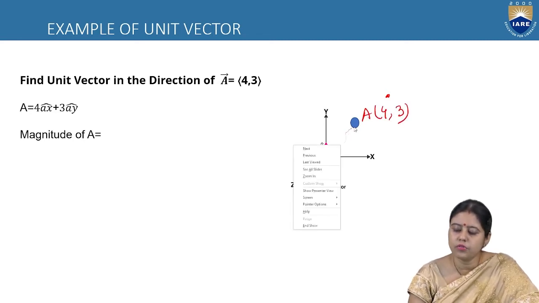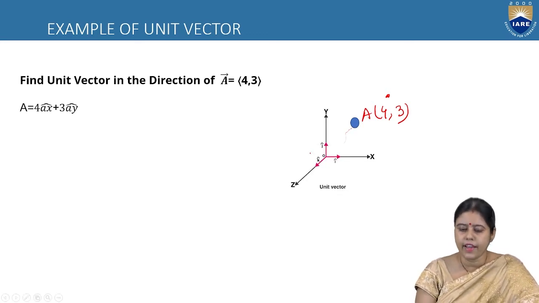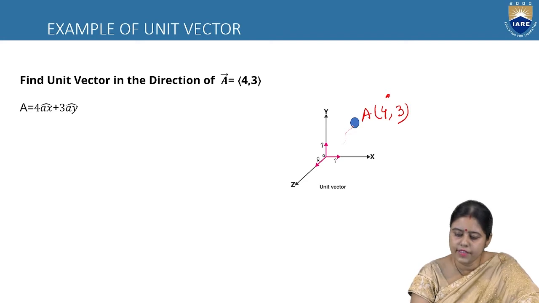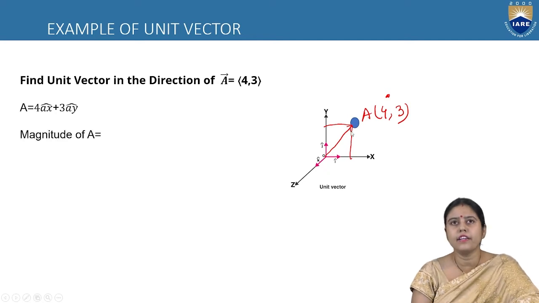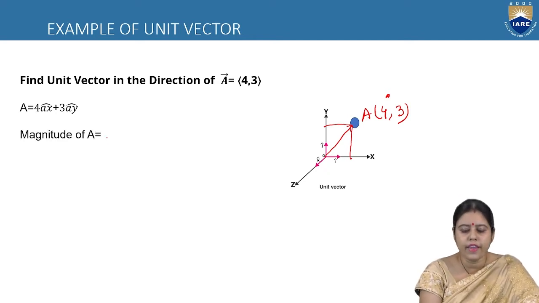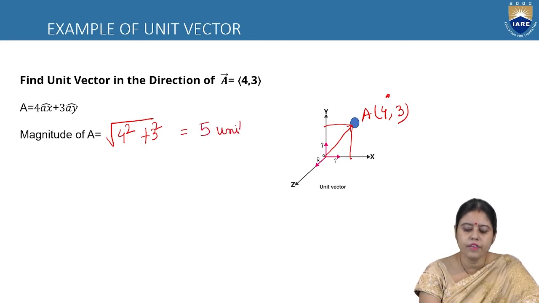If we go to the previous slide, we can see it is 4 in x and 3 in y, so its magnitude is the diagonal. The magnitude of A is the root of 4 squared plus 3 squared, and the value is 5 units.